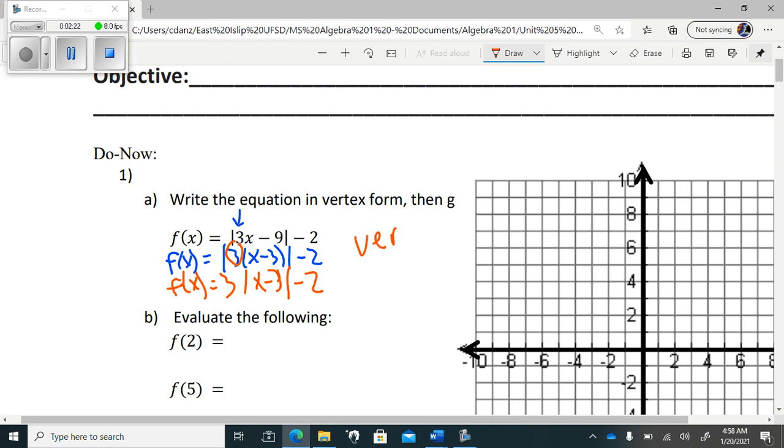I know that the vertex is at 3, 2. I also know, because of this rate of change here, 3, that it's a narrow V opening upward.